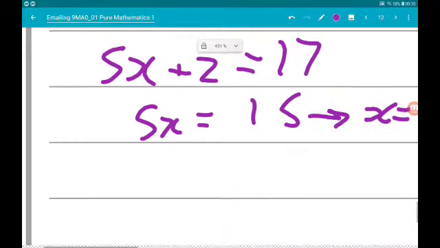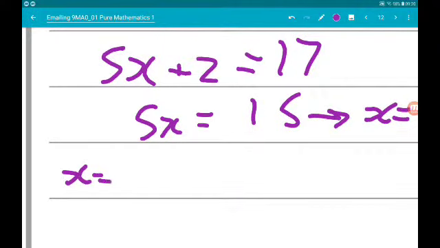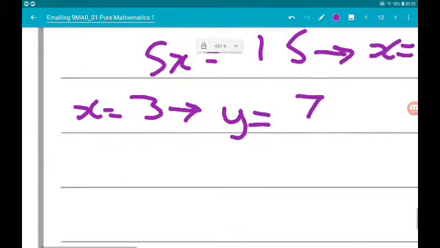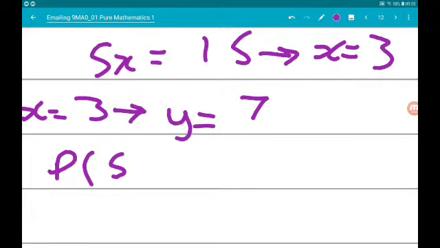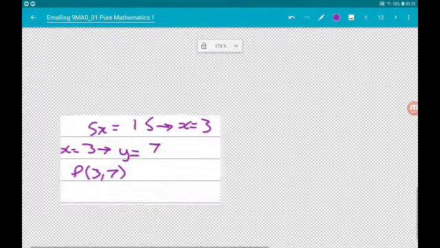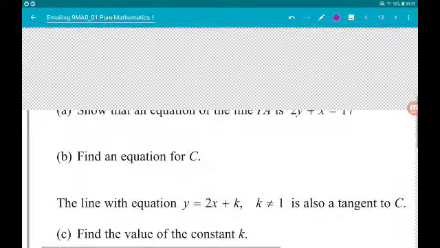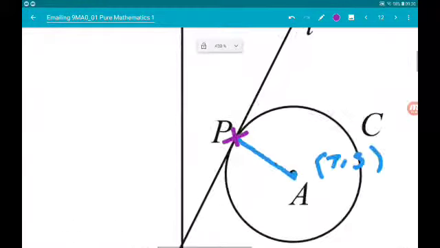Now, x equals 3 would give us y is equal to 2 times 3 add 1, which is 7. So point P has coordinates 3, 7.